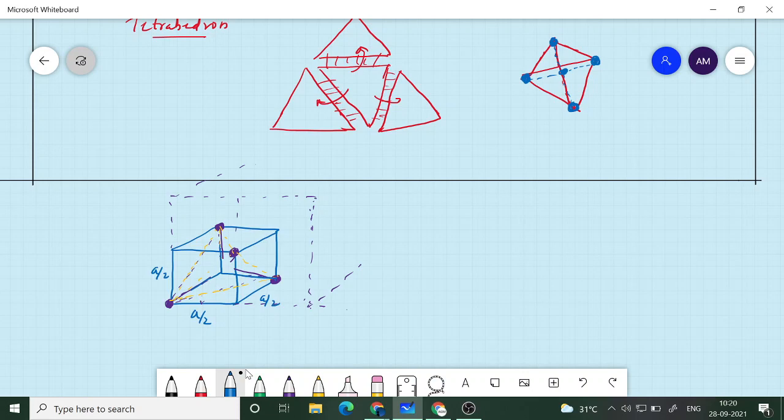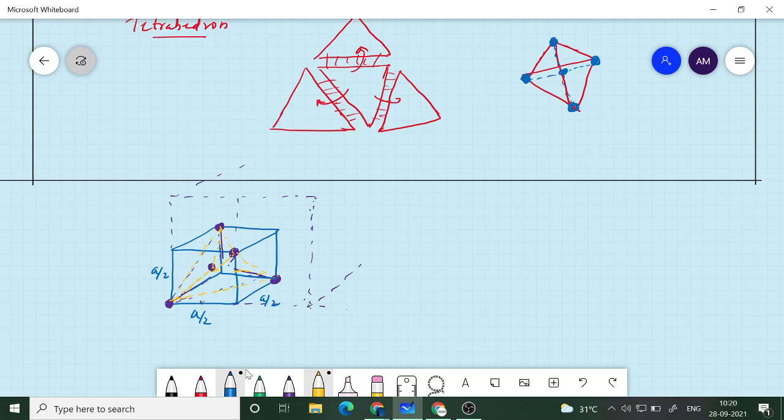So this is our cube, and then somewhere at the center you have this. Okay, so this is another way.